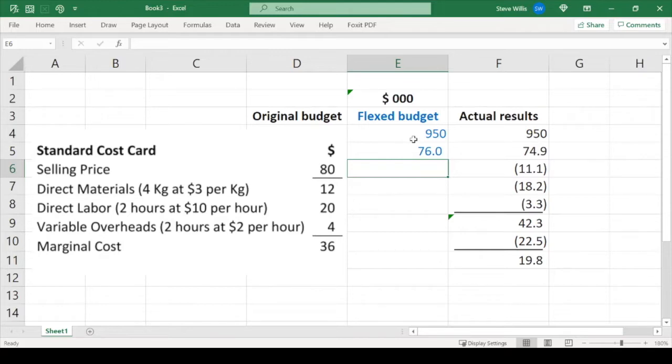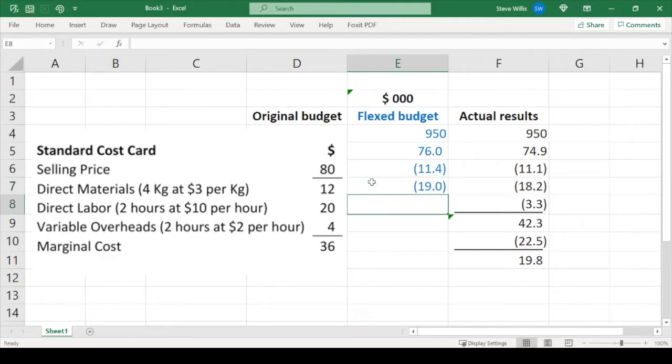Bad news. When we produce and sell 950 units, one unit should cost $12. We divide that by 1,000, again, because we are rounding off. And we can quickly do that. Equals 950 multiplied by -20 divided by 1,000.